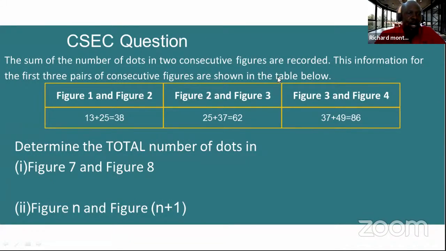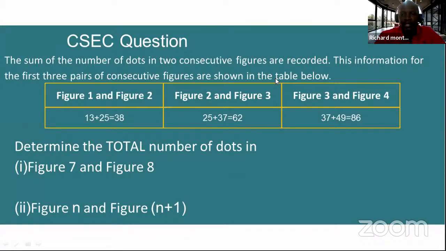So we have figures 1 and 2. We have 13 plus 25, which is 38. Figures 2 and 3, 25 plus 37, which gives us 62.